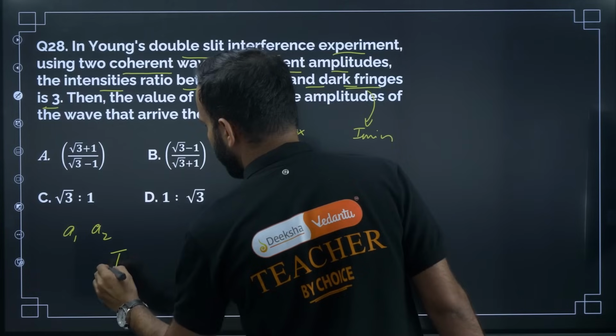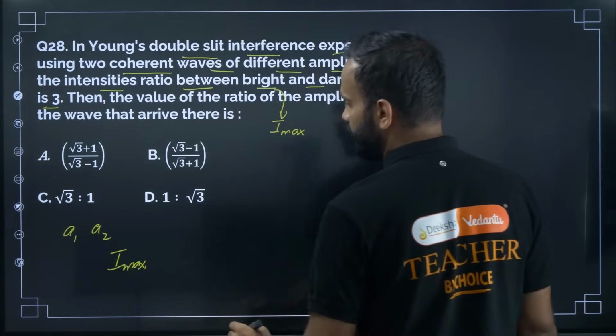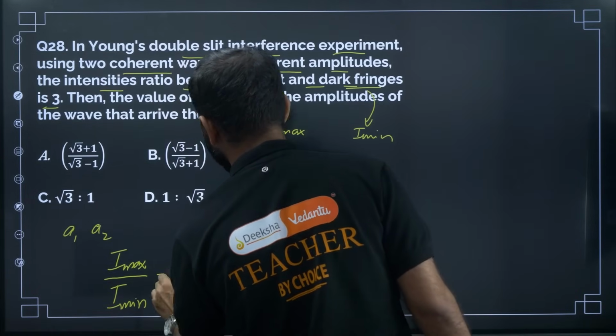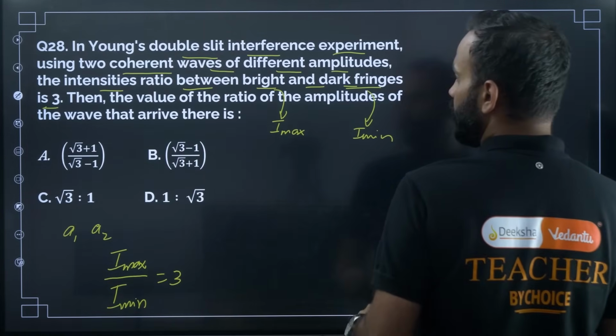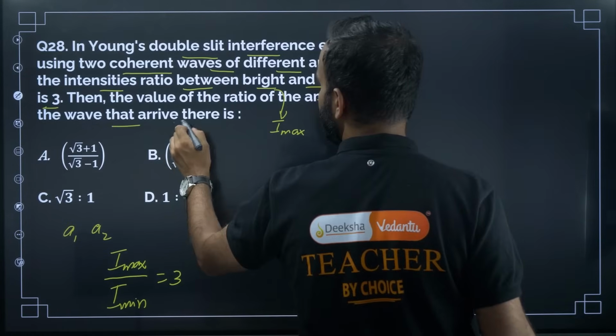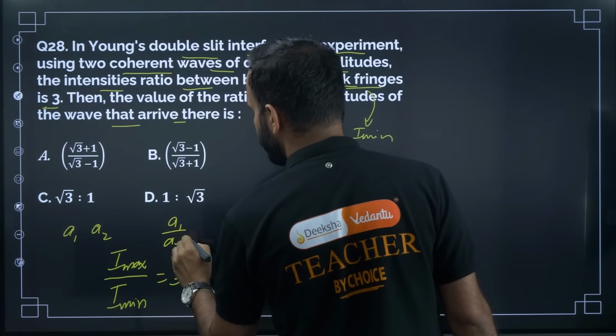The ratio I max by I min of the bright and dark fringe is 3. Then the value of the ratio of the amplitudes of the waves that arrive there, that is A1 divided by A2, is what?